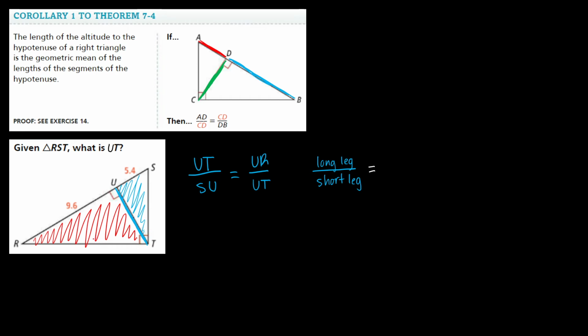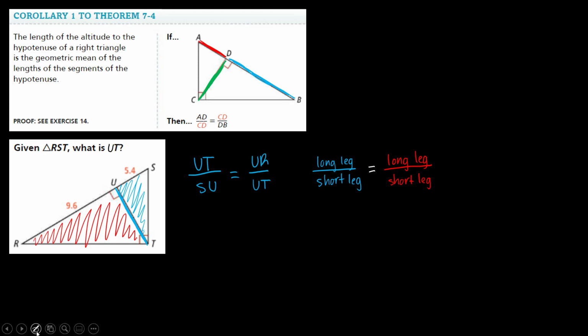So UR in the red triangle is actually the long leg of that triangle. And UT, the altitude, is actually the short leg. If you rotate that in your head, UT is the short leg of that red triangle. So it all works out. You can remember it this way by the corresponding parts of the triangle, or you can just remember the altitude is the geometric mean of both parts of the hypotenuse in that big triangle. Lots of ways to think about the problem here.